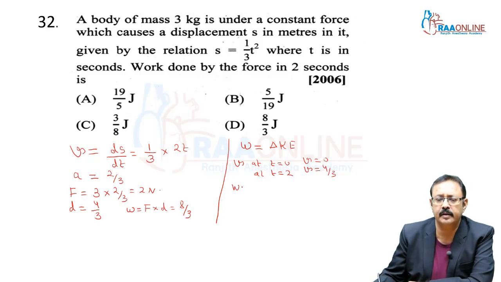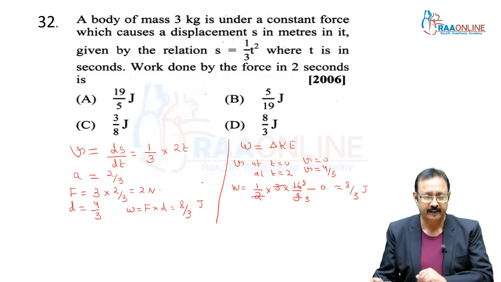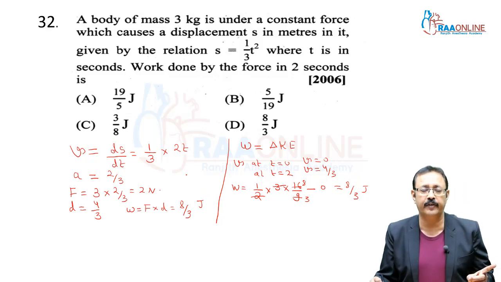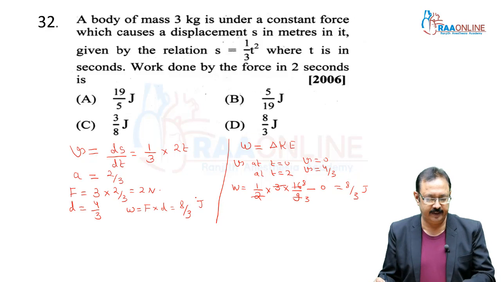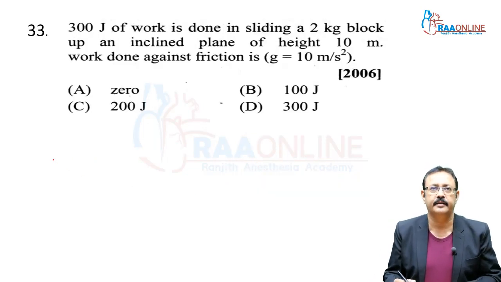So work done means change in kinetic energy, half m v square, 16 by 9 minus 0. Initially velocity was 0. 2 8s are 3 3s are. What are we getting? 8 by 3 joule. So you will get the same answer. Why in the previous problem were different answers there? Because force was not constant.